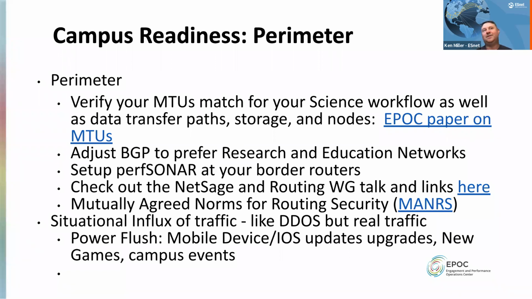Everyone upgrades at the same time. You can see this mass influx of traffic, and you're like, what is going on? But then when you look at it, it's really just an iOS update, or in the residence halls you might have a new game that came out, and everyone's hammering on Blizzard or something else like that, downloading the latest thing. And other times you might have streaming events happening on campus that really can affect some of the traffic as well. And all of a sudden, you're like, why is my graph up 30% today?